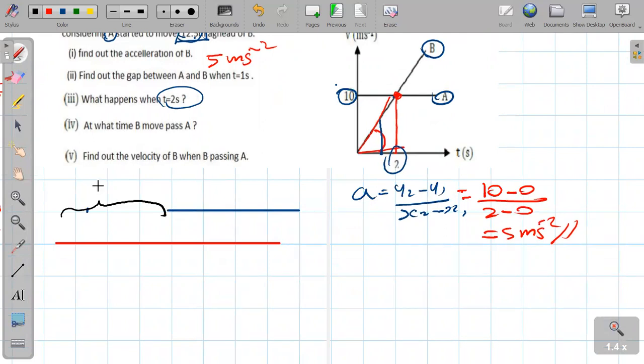So there is a 12.5 meter gap already. After 1 second, A might have moved some distance of x A, and B might have moved some distance of x B after t equals 1 second. Now you have to take the difference of these two as the distance.